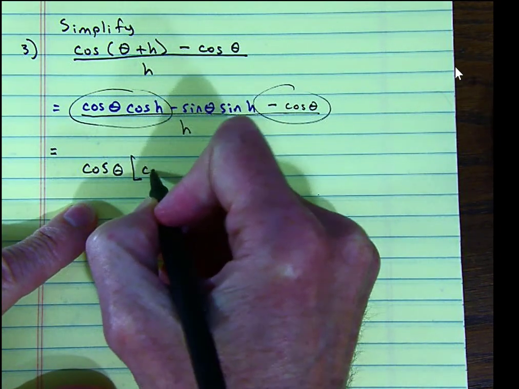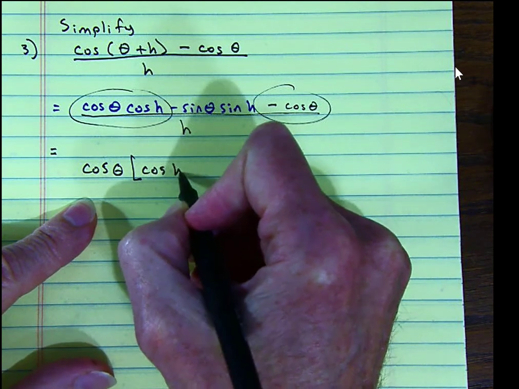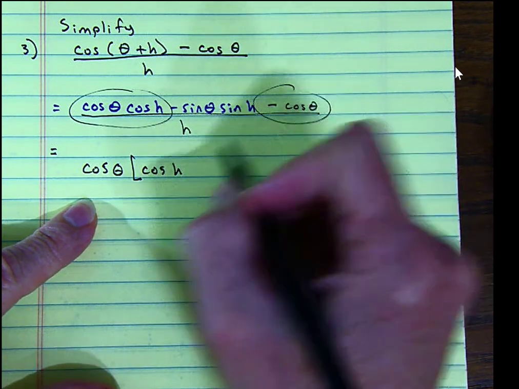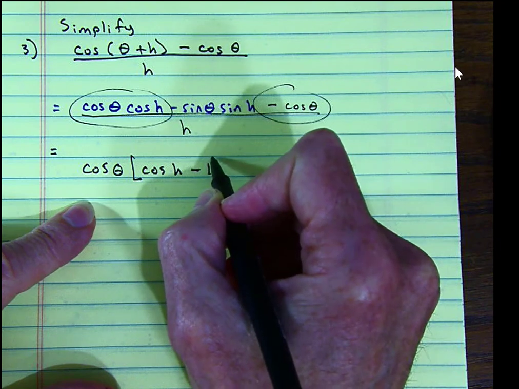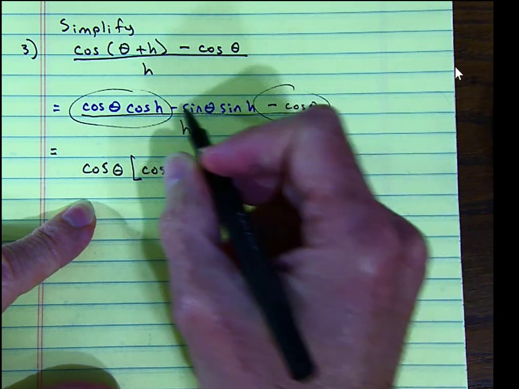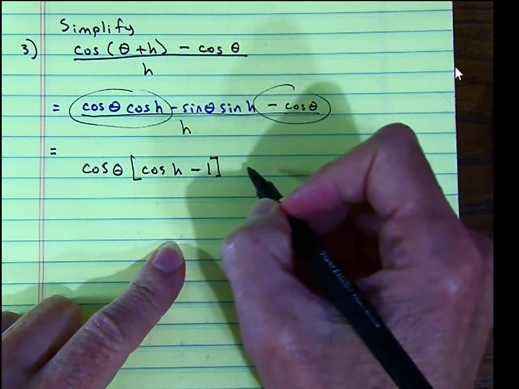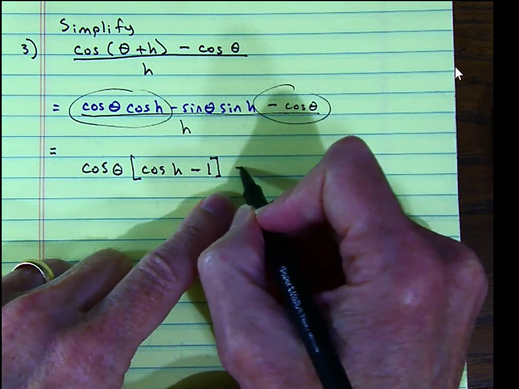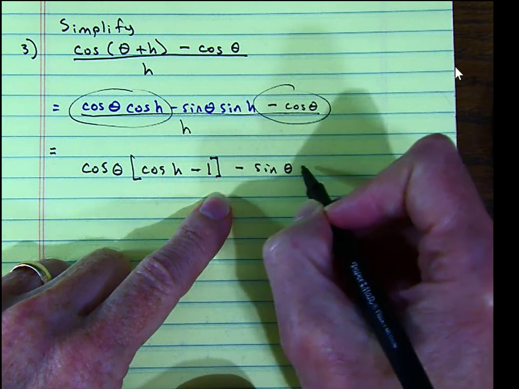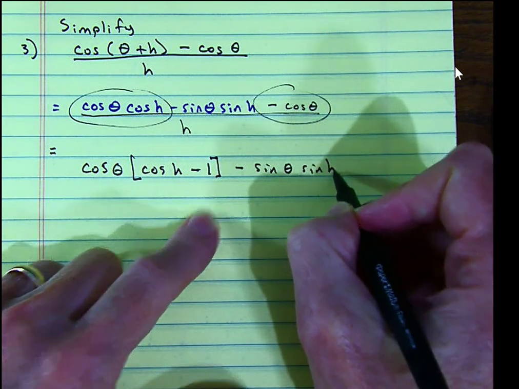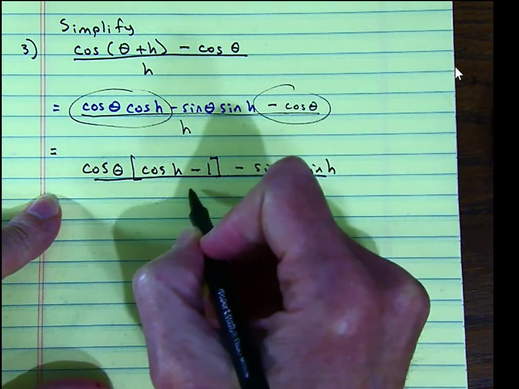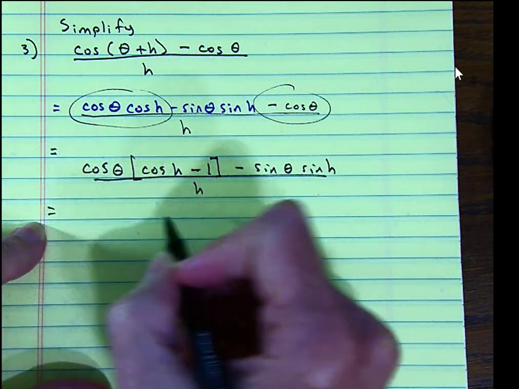And when I factor it out of this, I'll have cosine h. And when I factor cosine out of negative cosine, I'll have a minus 1. And on this one, I can't really do too much to factor that. Sine theta, sine h. And all of this is divided by h.